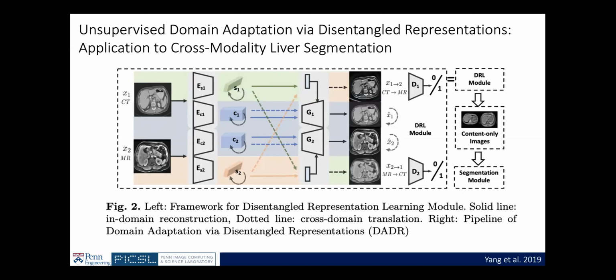At training time, you're giving CT images with a lot of label data, but at test time, you want to test them on MR images. So can we use disentanglement representations to close this domain gap between these two modalities? That can be answered using disentanglement as well.